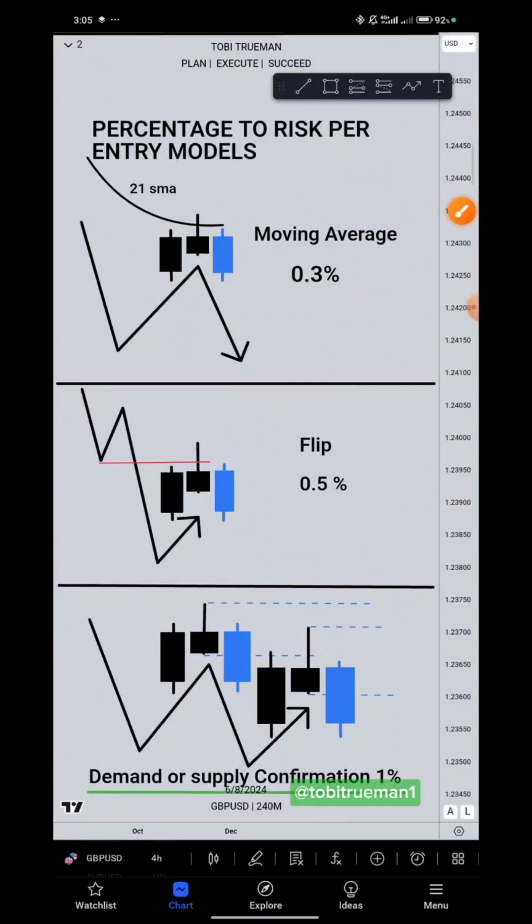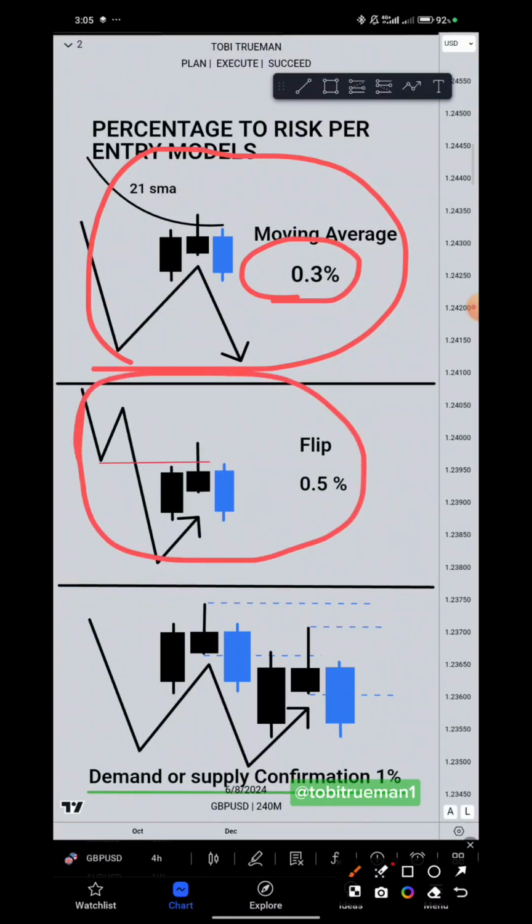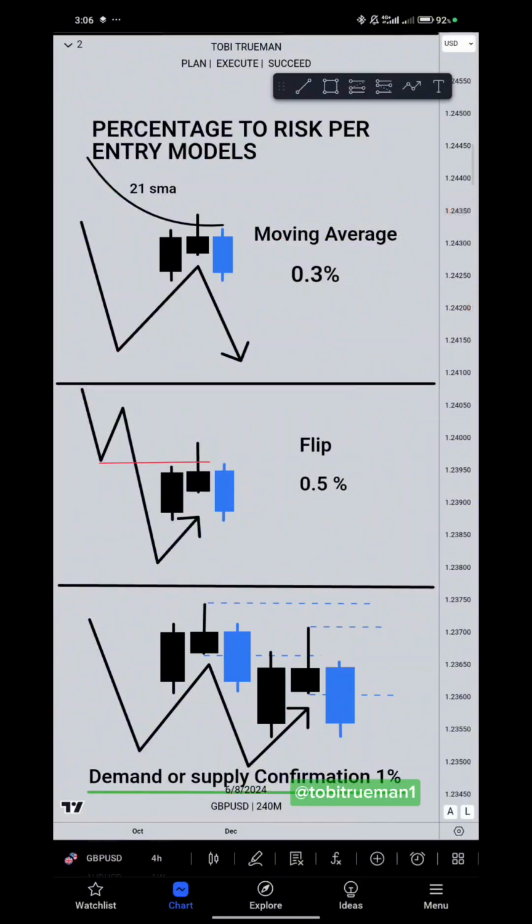for each of the entry models, when the entry model is a moving average, you can risk 0.3% of your total account balance, probably from $1,000 upward. Do the mathematics of 0.3% of your $1,000 and you will come out with it. Then, when the model that presents itself at that moment is the flip model, you can risk 0.5% of your capital for the trade.